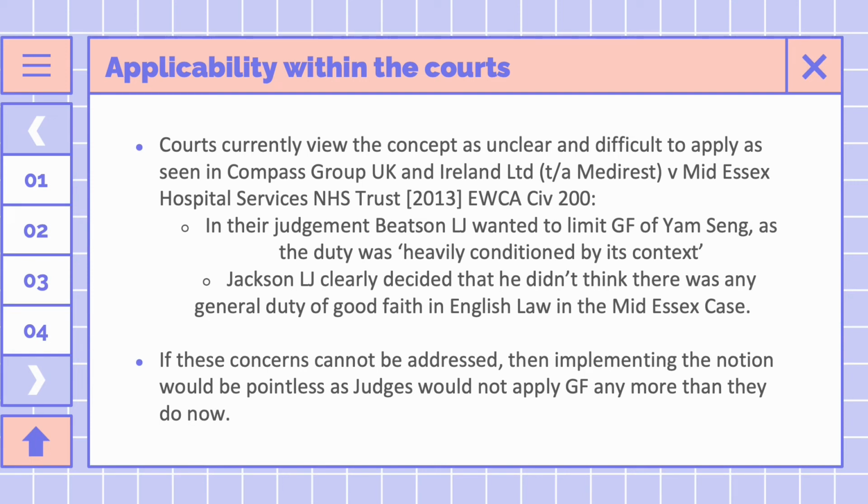In the judgment, Bates J wanted to limit the good faith duty in Yam Seng, and did, as the duty was heavily conditioned by its context, which meant he viewed that it may not be fairly implemented as intended. And if these concerns of the courts cannot be addressed, then implementing this notion would be pointless, as judges wouldn't apply good faith any more than they do now, because they wouldn't know how to accurately apply it.